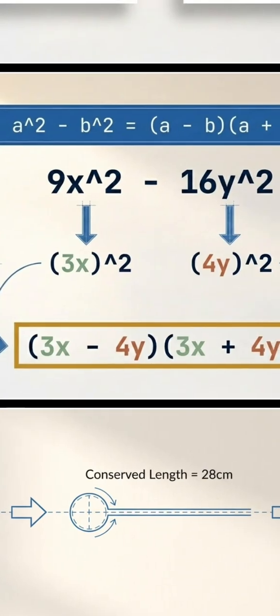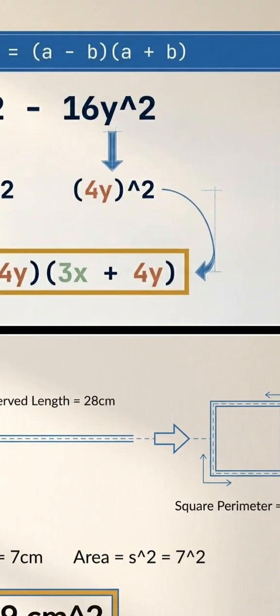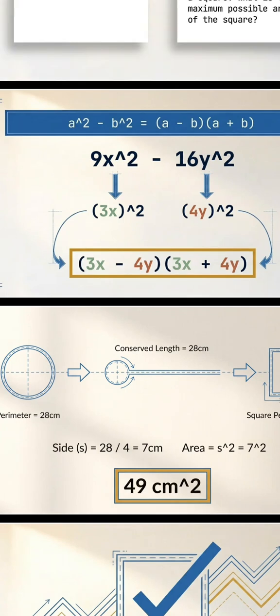So we have 3x minus 4y bracket 3x plus 4y. That one does not require much stress.